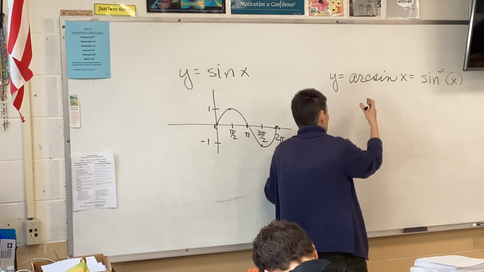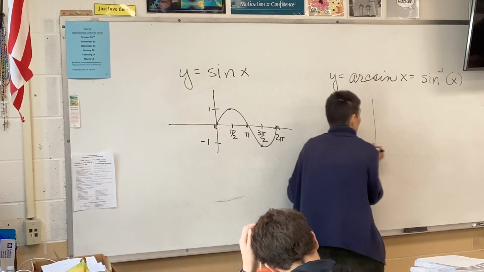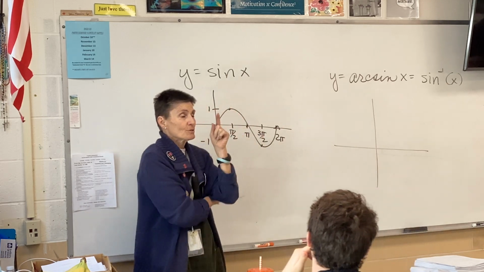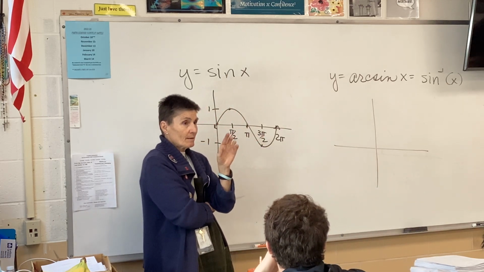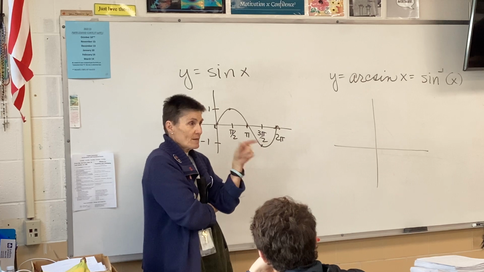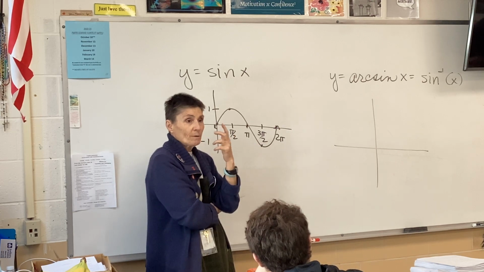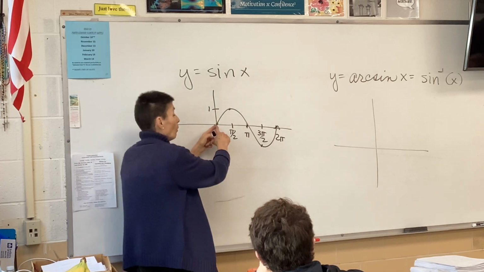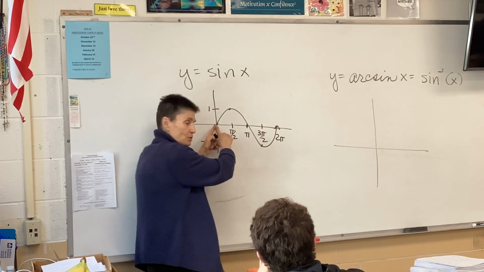Now, I want to draw a picture of this. Who remembers how we can get the inverse from the original? Who remembers what we do? Switch x and y. So the point 0, 0 isn't going to change.